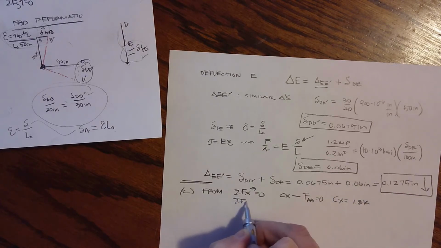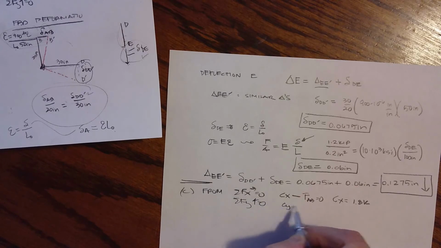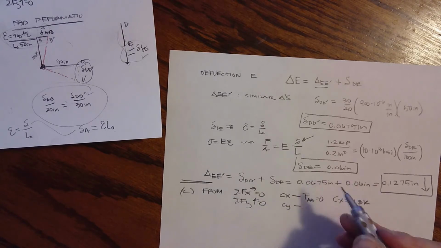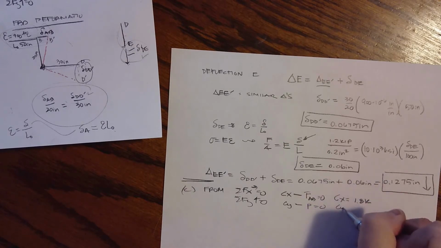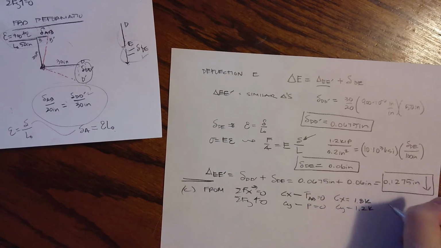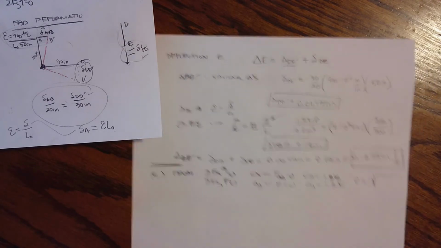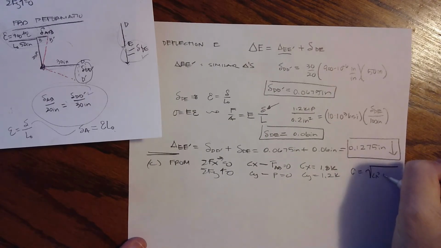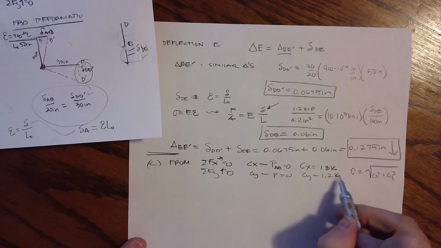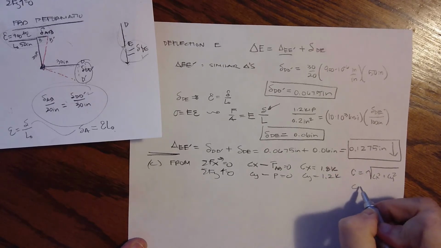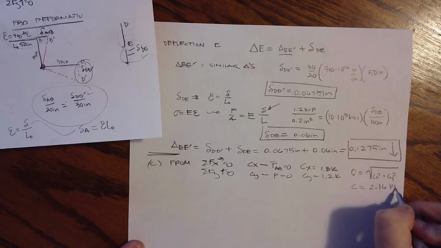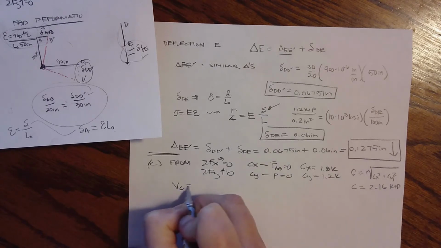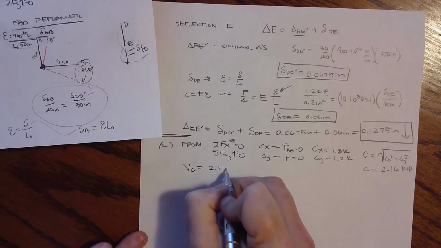When I sum forces in the y direction, Cy minus P equals 0, so Cy equals 1.2 kips. So we have to find the hypotenuse of that vector because these are just the x and y components. So the force acting on the pin at C is 2.16 kips. So the shear force acting across C is 2.16 kips.